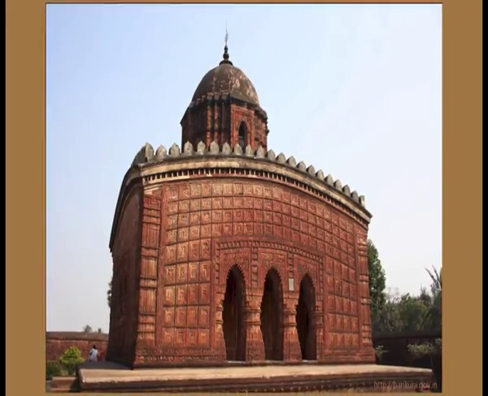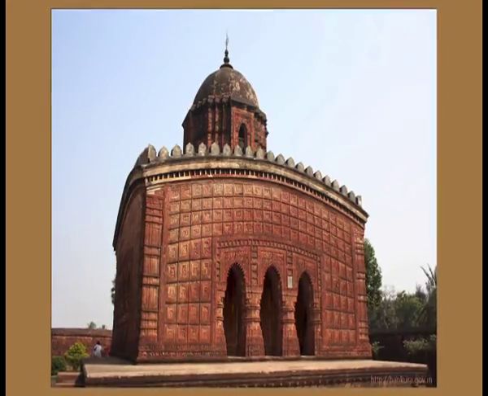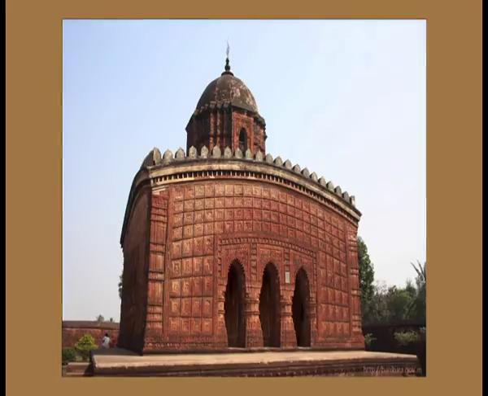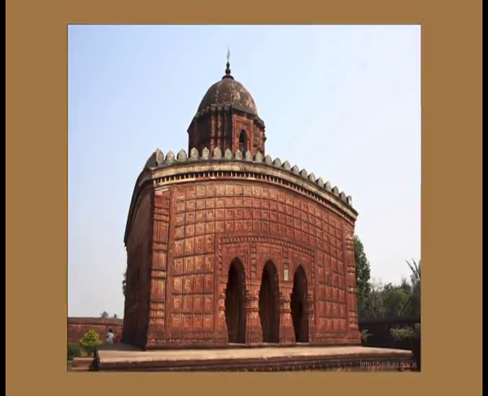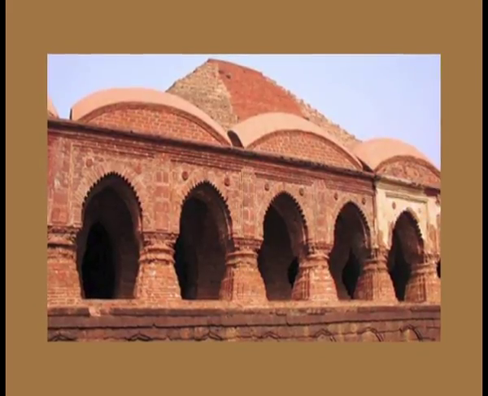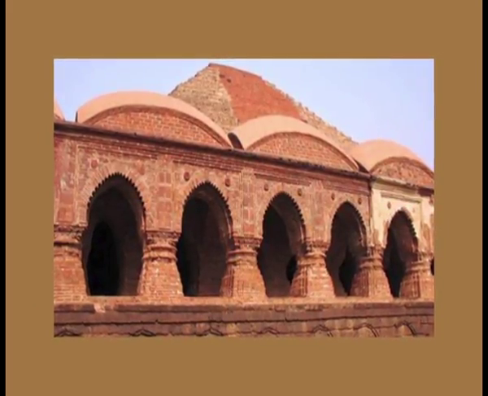They are made of terracotta tiles. Since stones were not available, the eastern side, especially Bengal and Assam, preferred to build their temples with clay brick that is decorated with terracotta tiles.